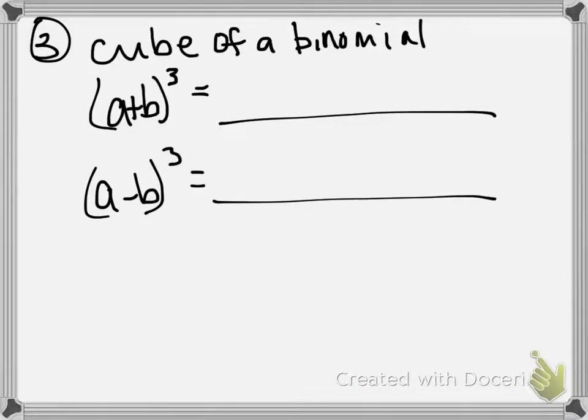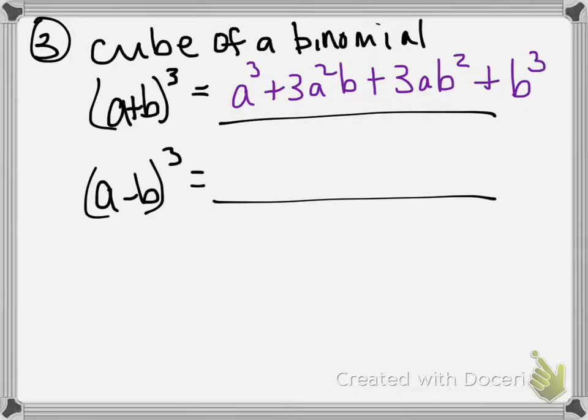Okay, we also have the cube of a binomial, which is a cubed plus 3a squared b plus 3ab squared plus b cubed. And then we also have subtraction in the same thing. Almost everything's the same except for the signs.